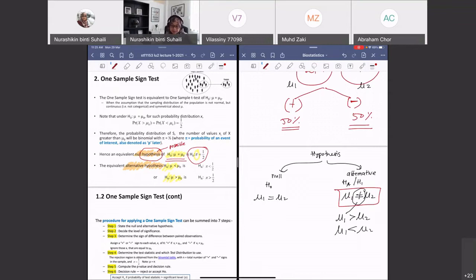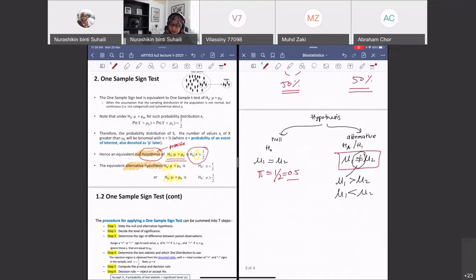So in the case when it is equal, the pi is half, or 0.5. Because in probability we put it in decimal points from 0 to 1. It's 50%. But in the case of alternative hypothesis, it's not equal, right? So the pi is no longer equal to 0.5, and it depends on the alternative, whether it's less or more. It can be less than 0.5. It can be more than 0.5. Okay.